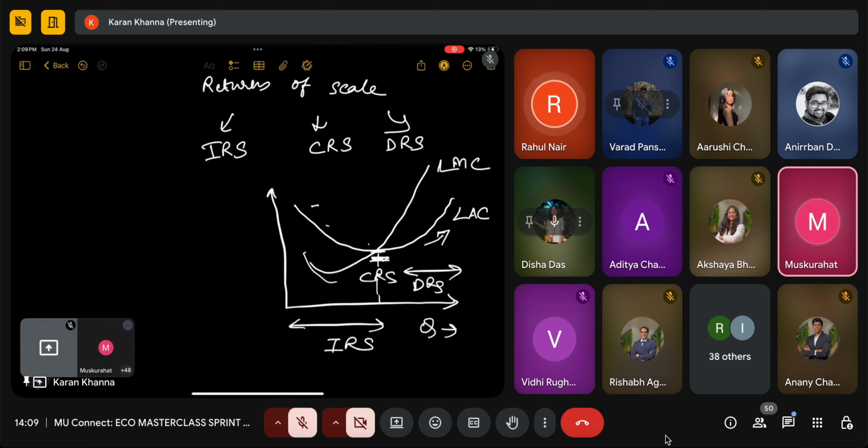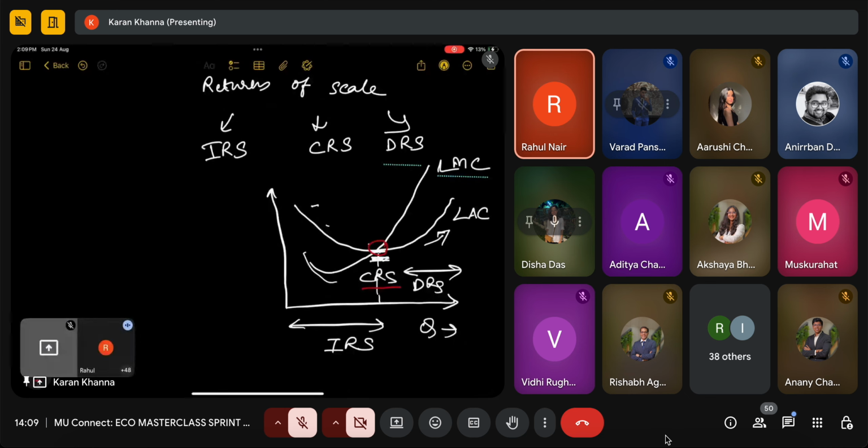Rahul, can you pick a different color pen and just say which point you are talking about? Okay. So this is the point where it's constant returns to scale.